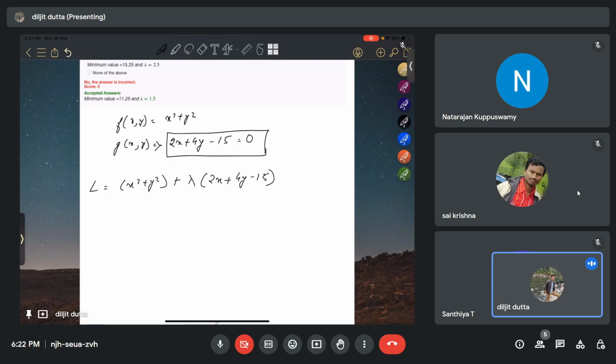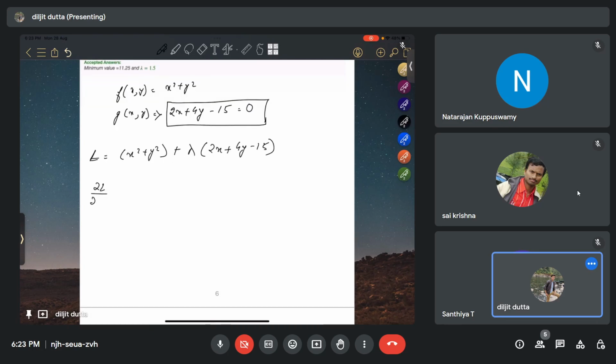Okay. Now I have to differentiate L with respect to x, with respect to y, and with respect to lambda, because it is a function of three variables, and we have to see that the differentiation is equal to 0, so that we'll get the minima for all the three variables.